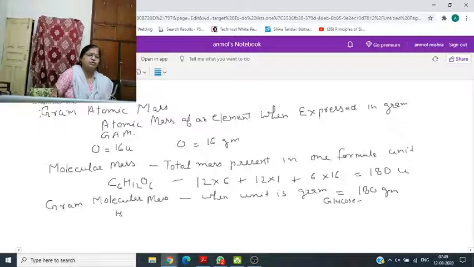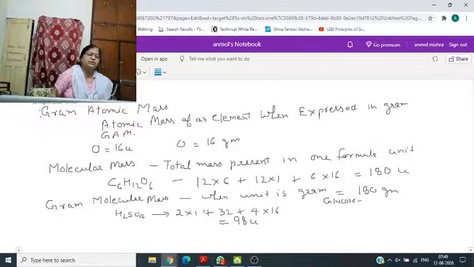I will give you one more example. H2SO4. Its mass will be, hydrogen atomic mass is 1, so 2 into 1, plus sulfur 32, plus oxygen 16, so 4 into 16. That will be equal to 98 u.